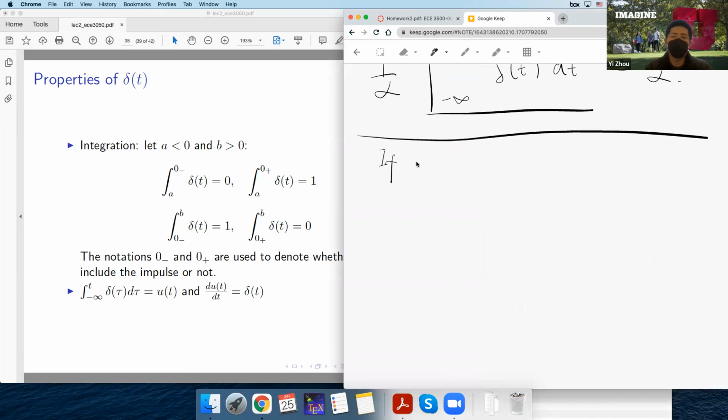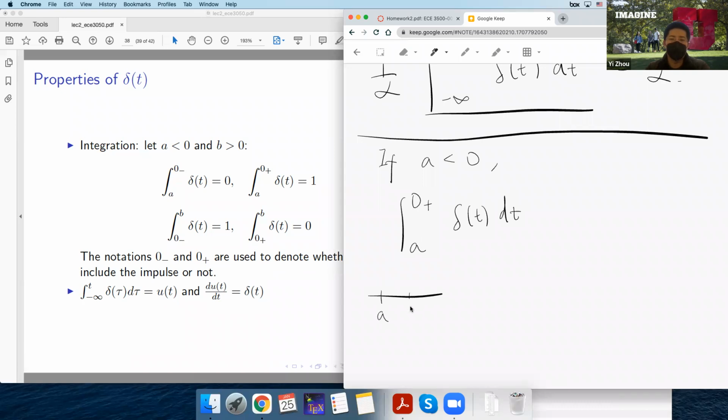So think about this, if a is a strictly negative number, integrating between a and 0 to the positive. We can have a figure to illustrate this.